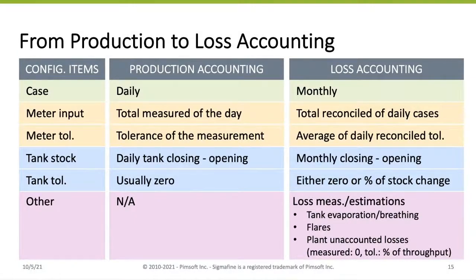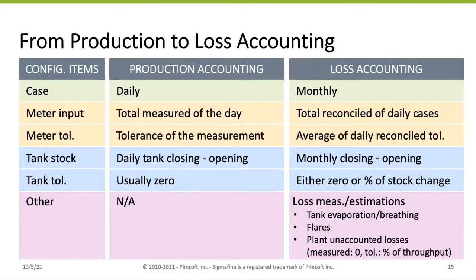The tank tolerance typically is set to 0 typically for fiscal reasons. Such constraint is not anymore that valid for the loss accounting reason. So it can be decided, it's a user decision, whether to keep the tolerance of the tanks at 0 or set such tolerance as a percentage of inventory change.